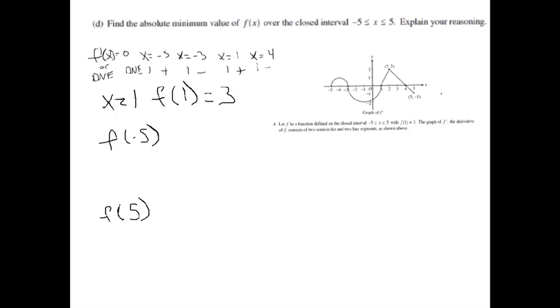In order to do that, I need to do some geometry with the picture above. To find f of -5, I would need to create an equation. f of -5 is equal to the 3, which is the y value I know for f of 1, plus the integral between 1 and -5 of f prime of x dx.